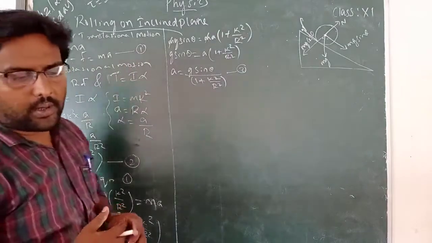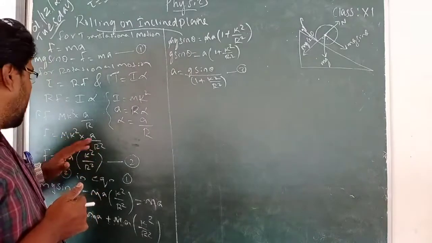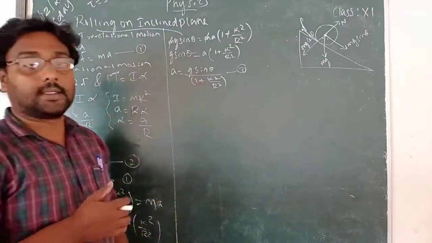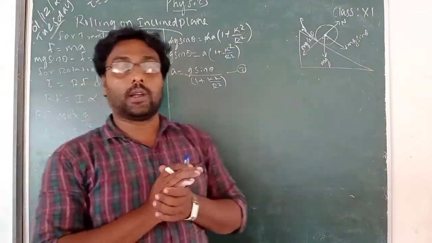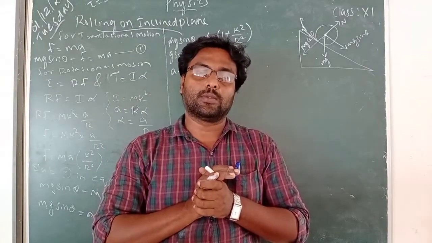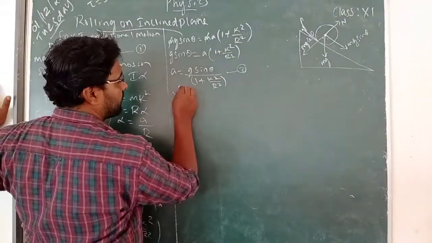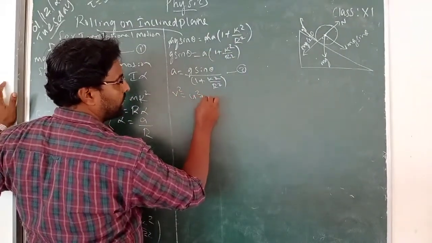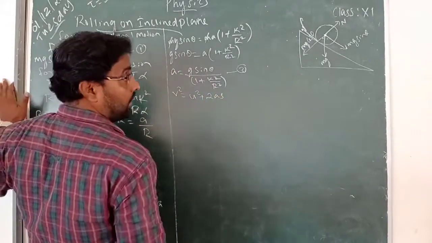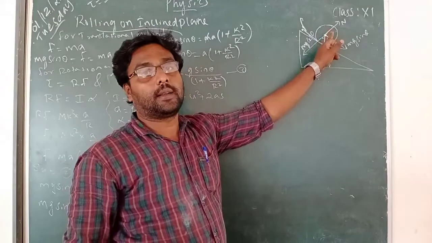So we got the force and we got the acceleration. Now we have to find the velocity. To find the velocity, we can use the equation v square is equal to u square plus 2as. Because it is moving on an inclined plane, there must be some height here.